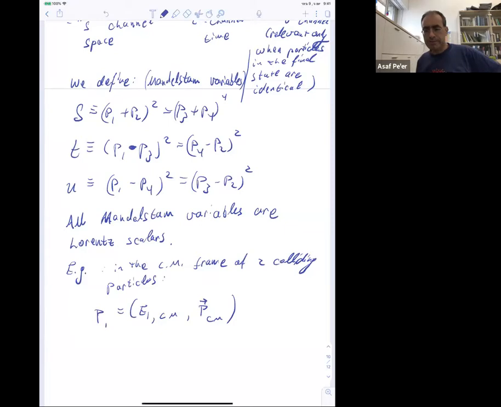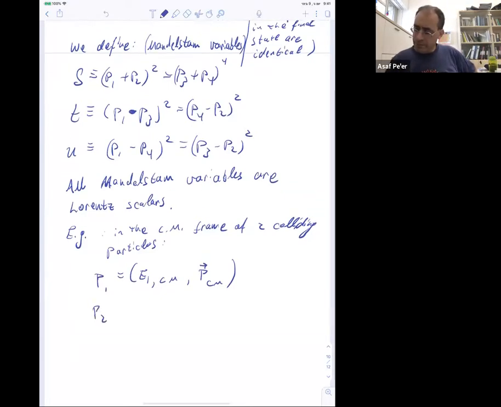That's a four-vector. And P2, the four-momentum of the second particle, is just E2 in the center of mass frame, and then of course it's minus P, because that's the definition of the center of mass frame.